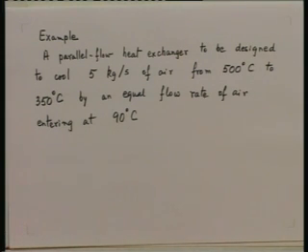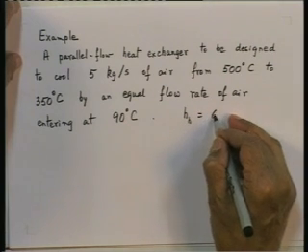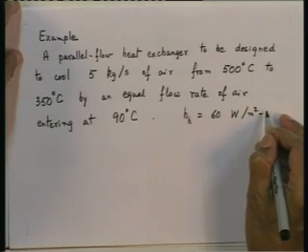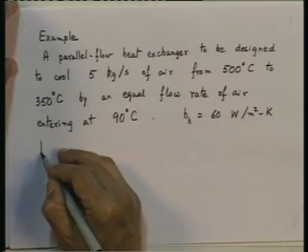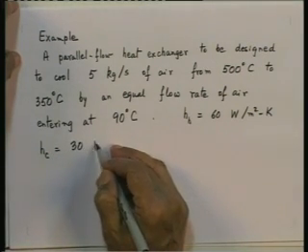5 kg per second of air to be cooled from 500 to 350. On the cooling side, the same flow rate of air entering, T c i being 90 degrees centigrade. We are given that the heat transfer coefficient on the hot side h h is equal to 60 and on the cold side h c is equal to 30.